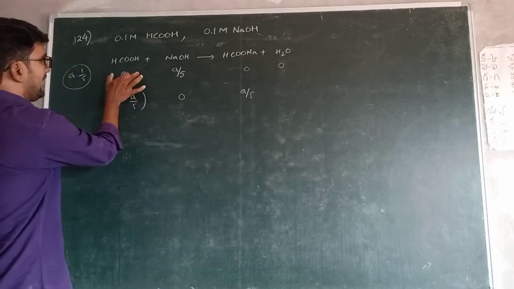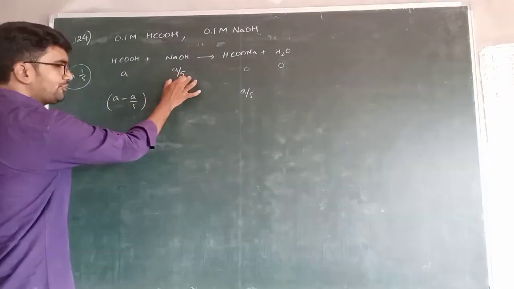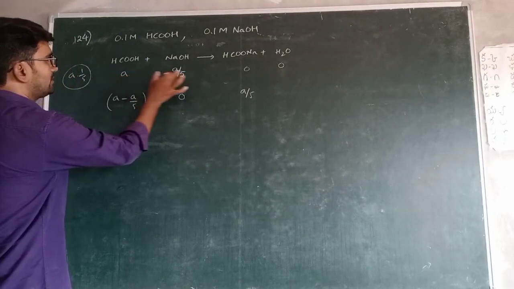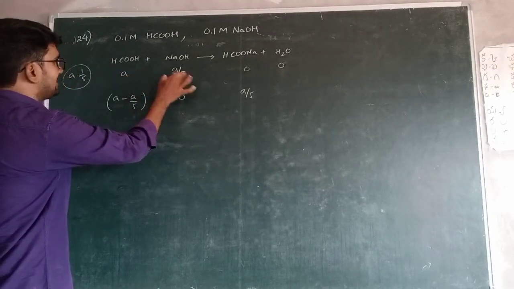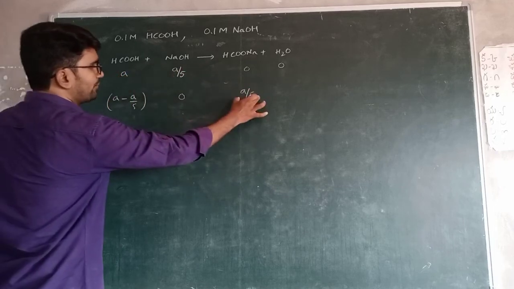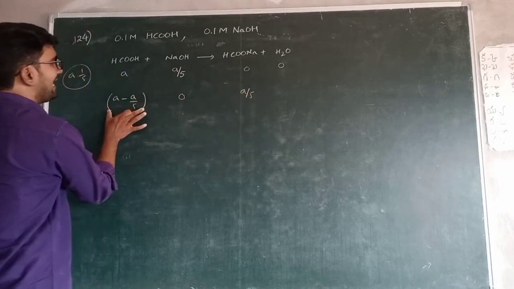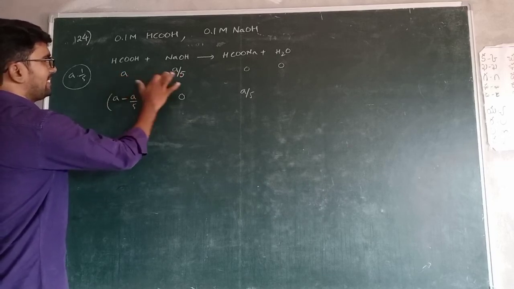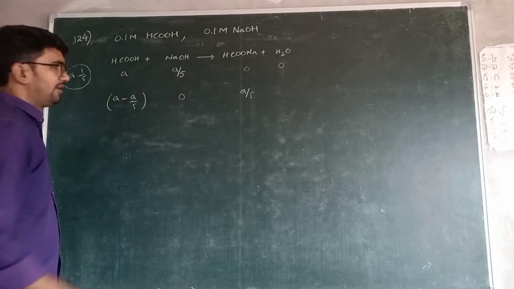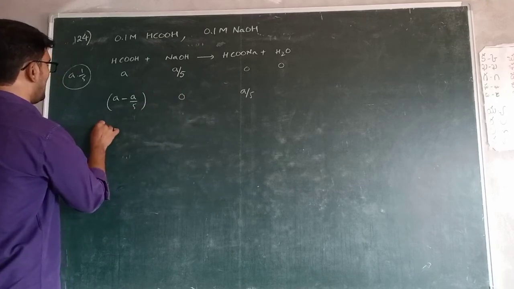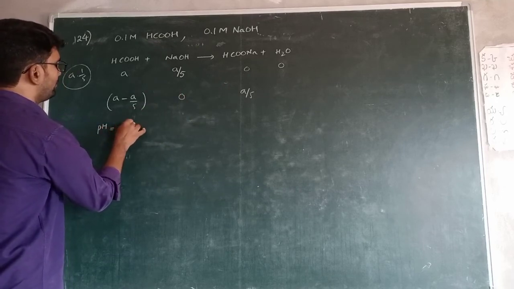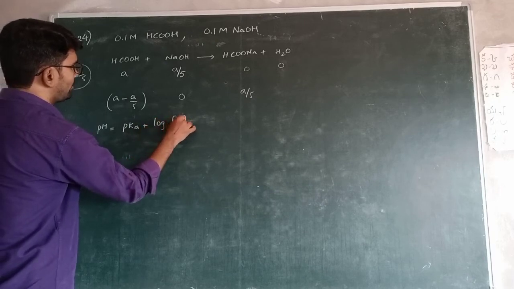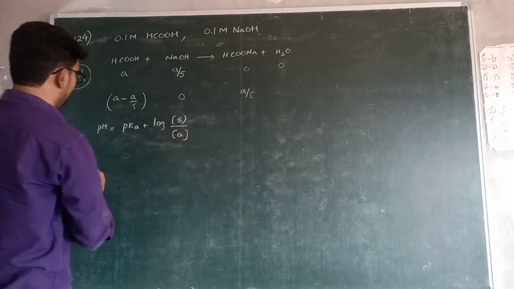Here, for example, 100 parts is present, and only 20 parts of strong base reacts with this acid and forms 20 parts of salt. So the remaining 80 parts is present. 80 parts means A minus A by 5, like 100 minus 20. For this one, what is the pH value? pH is equal to pKa plus log concentration of salt by concentration of acid.